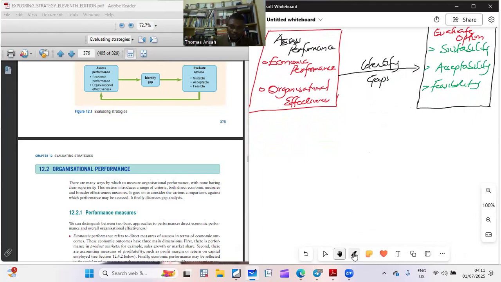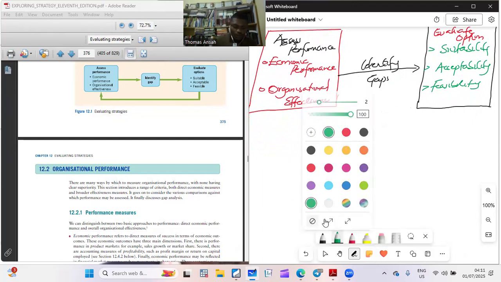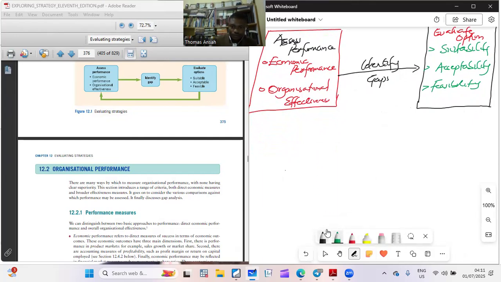So when you get a question and you read it, the first thing you need to do, number one, is evaluation of performance.